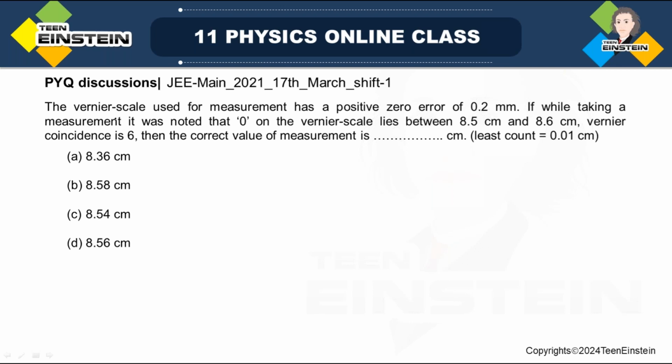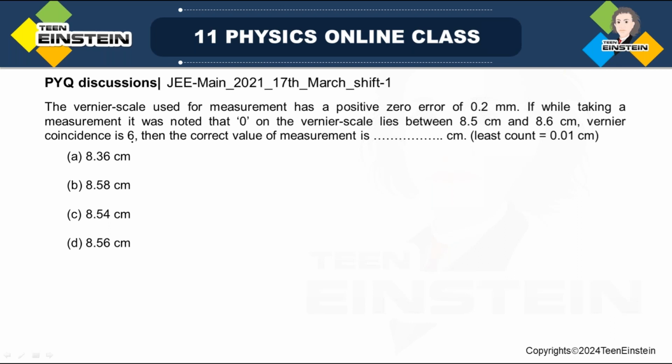This question is saying the vernier scale used for measurement has a positive error of 0.2 millimeter. That means positive error is given anyway.